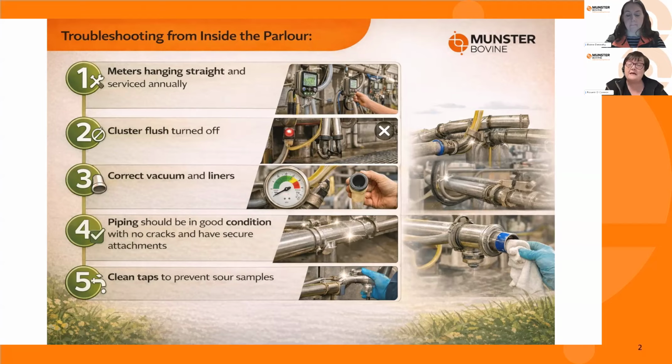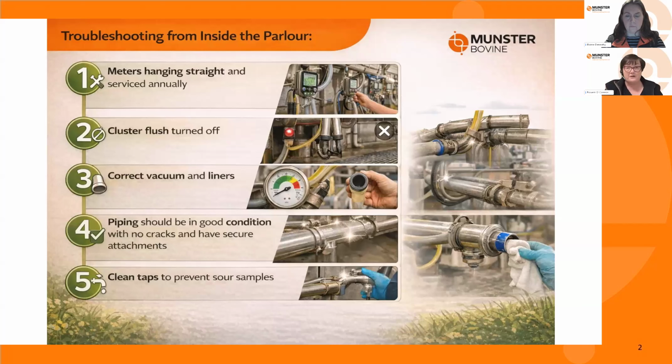And sometimes you actually have to turn off the water at the source, not just the cluster flush. The other thing to watch with water is electronic meters. If you're rinsing out the meters or the bottles at the start of milking, make sure that they're drained, because sometimes you'll find that the first row of cows will get added water. So anything that brings water into the system will affect protein.